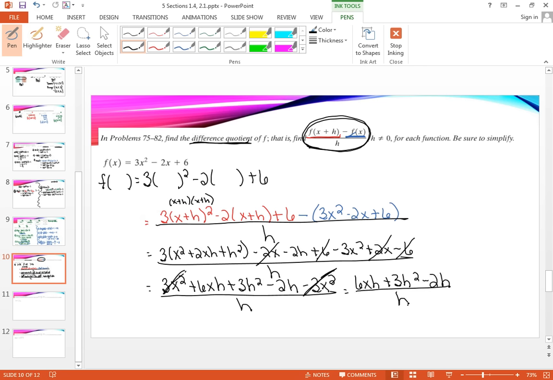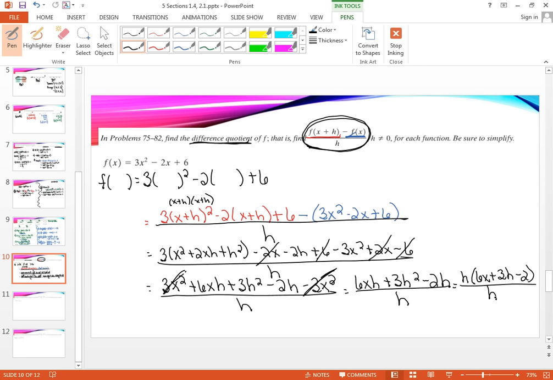So remember I said what we want is to get rid of the h's on the bottom. We do not want the baby h in the denominator all by itself. Notice how convenient every term on the top has an h in it. Okay. So I'm going to put an extra step in here just to show you what I'm doing. Every term on the top has an h, so I can factor an h out. Then I'll have h times (6x plus 3h minus 2).